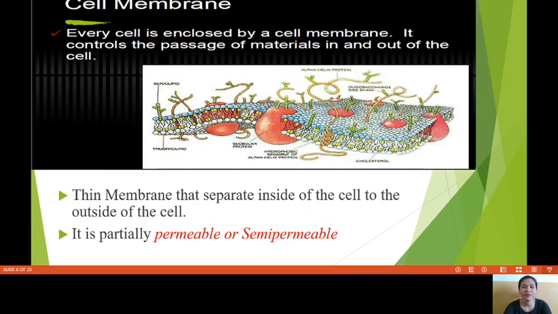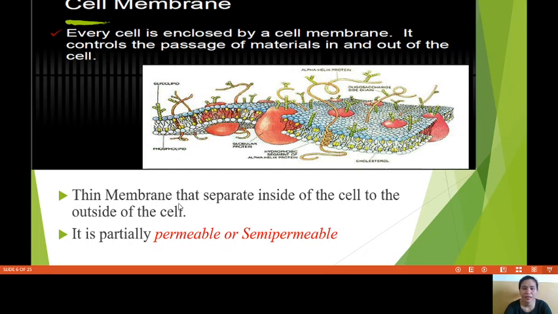Okay, so let's have first your cell membrane. From the name itself, it's a membrane. Every cell is enclosed by a cell membrane. It controls the passage of materials in and out of the cell.